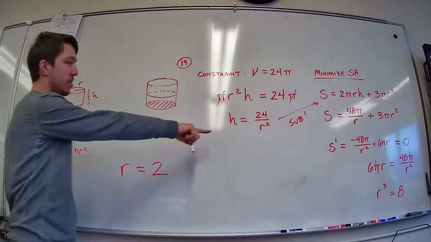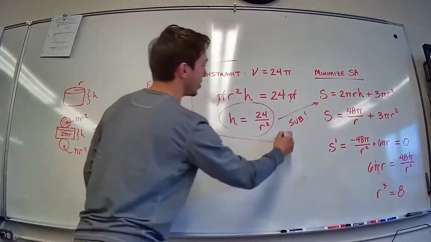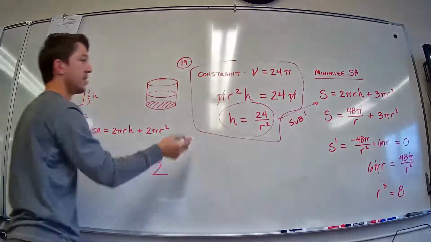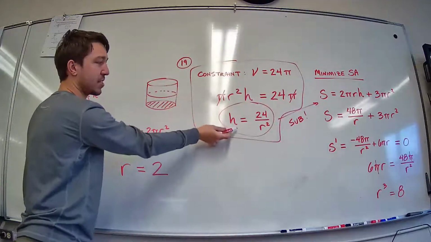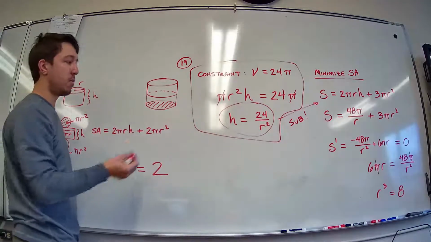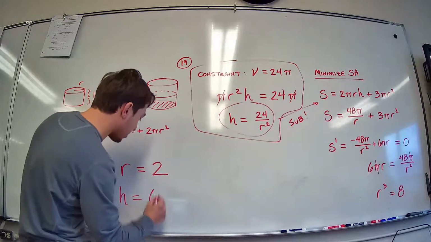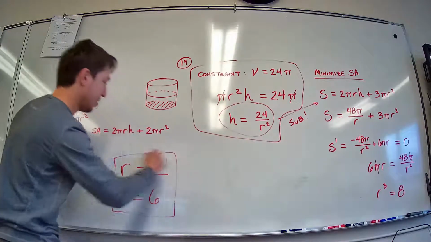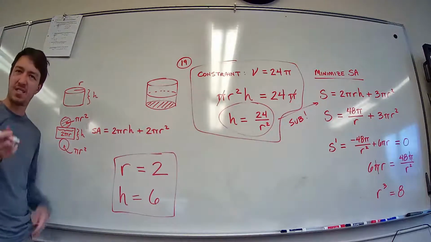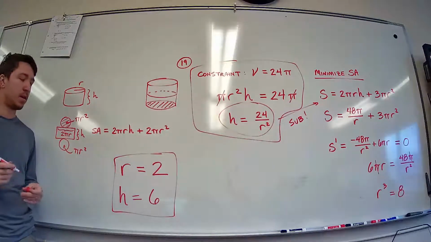Now, of course, if you go back to this constraint, this is why sometimes it's nice to put your whole constraint in a bubble, because then you can use this nice simplified version. 24 divided by 2 squared would be 6. So it turns out that the diameter is 4 and the height is 6, so a 2 to 3 ratio.